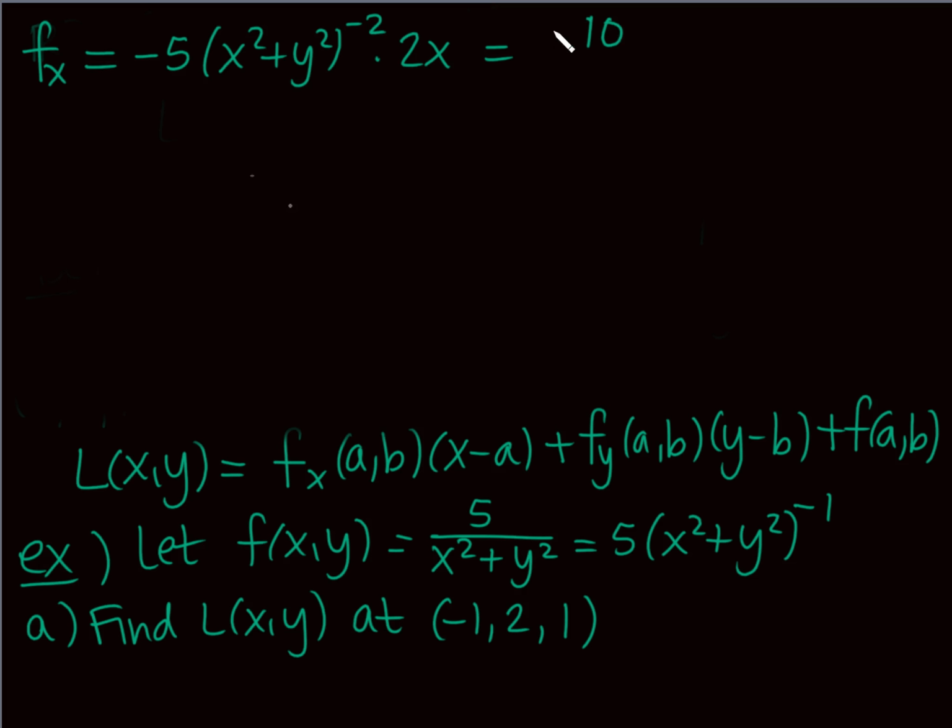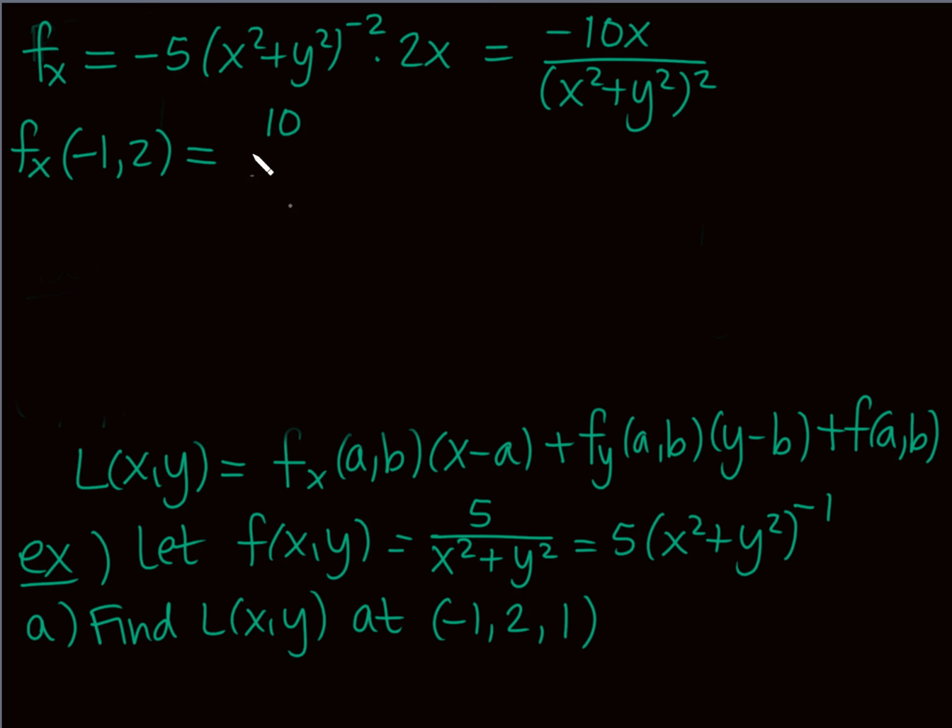So that's -10x all over x squared plus y squared, squared. So f sub x at, what point are we at? (-1, 2). If I put in -1, that gives me a +10. 1 plus 4 is 5, 5 squared is 25. Divide by 5, we get 2/5.